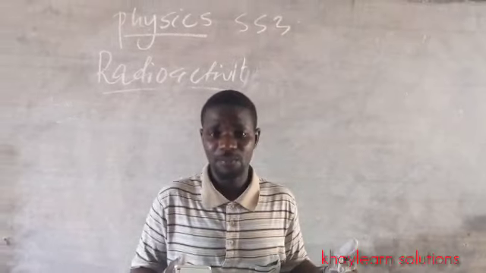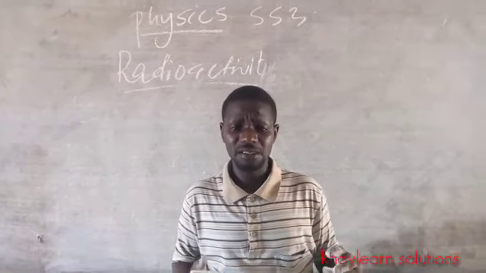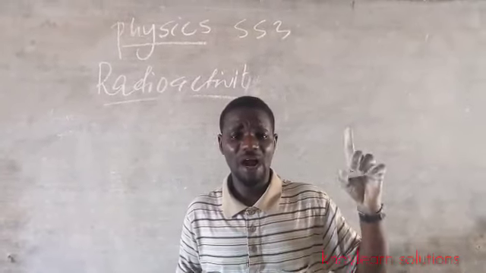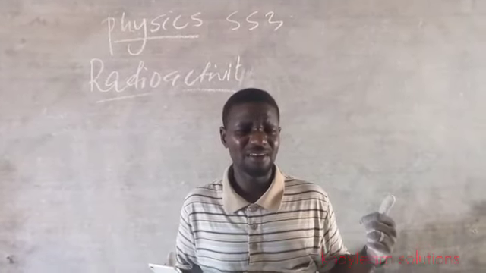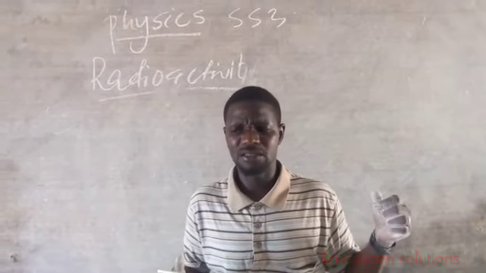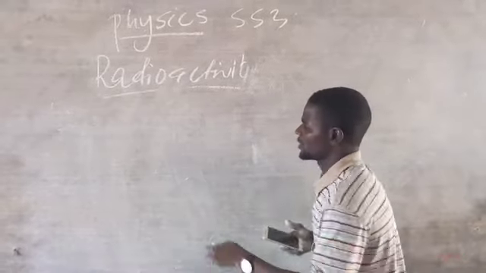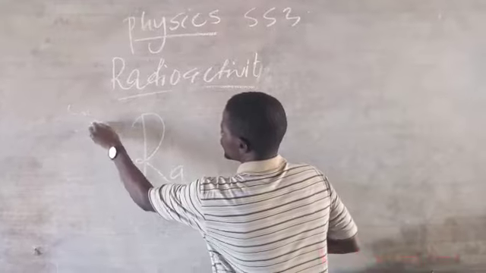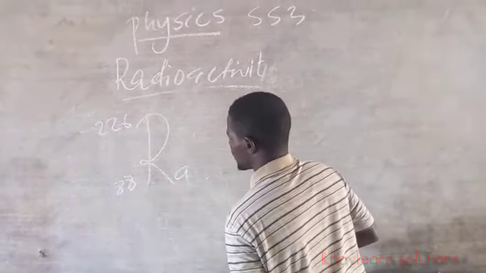Like in the first example I have, we have radium 226 with atomic number 88, which will decay and give an alpha particle, a helium nucleus with mass number 4 and atomic number 2, plus radon 222 with atomic number 86, plus energy. Look at it here: we have mass number 226 and atomic number 88.